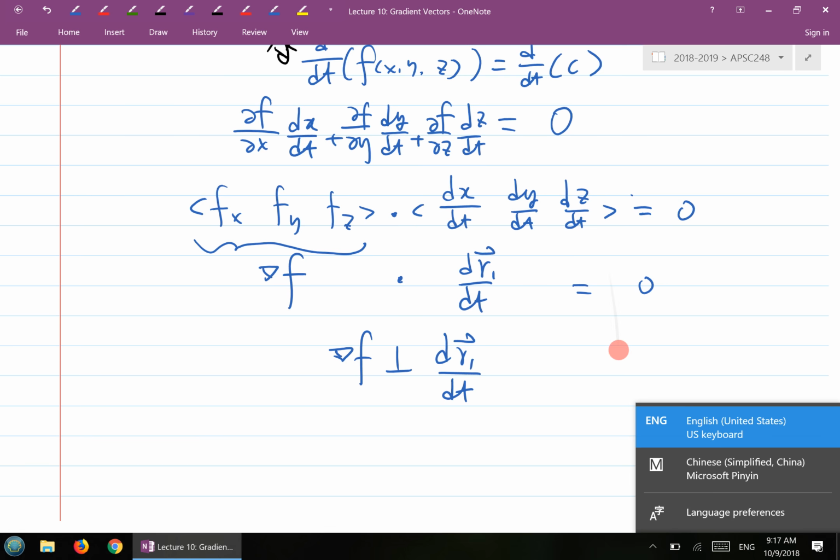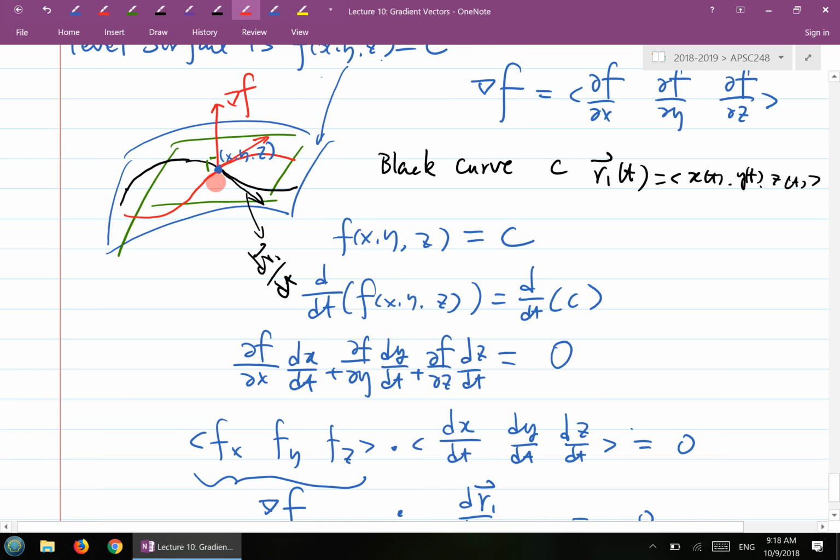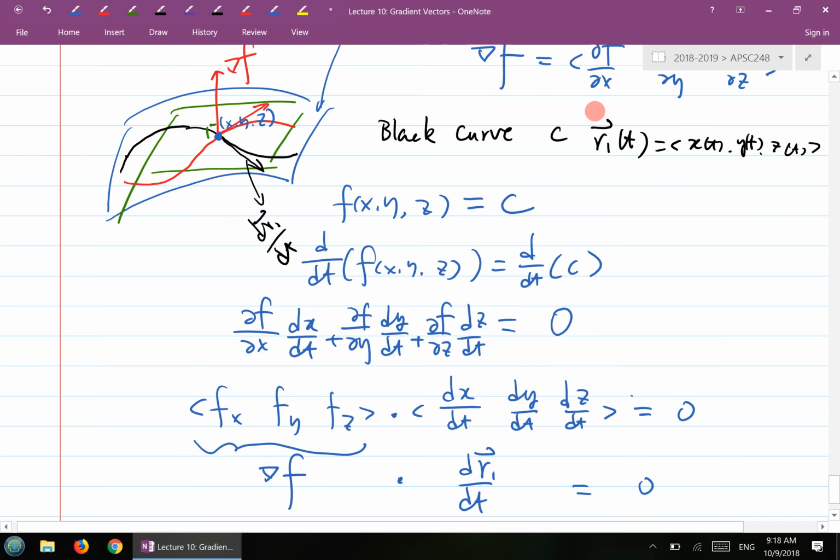So you can try to visualize: here is a surface, here's a particular point, and here's a gradient vector. At that point, you can draw any tangent vectors, and as long as it's a tangent vector, del f must be perpendicular to that vector. That's basically what we just proved.